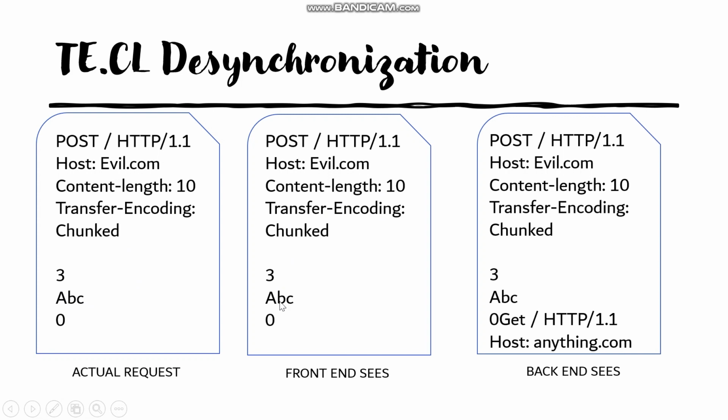The actual request and front-end request are quite normal here: 3 is the length of the message and 0 is the terminating chunk. But when it goes to the backend server, the 0 will be appended to get because we have not put an enter here, so it will not go to the next line. So 0 will be appended to the get request, and 0 get is not a valid method. So the next user will get an error in the web page.